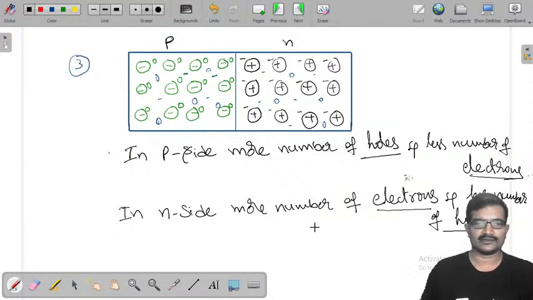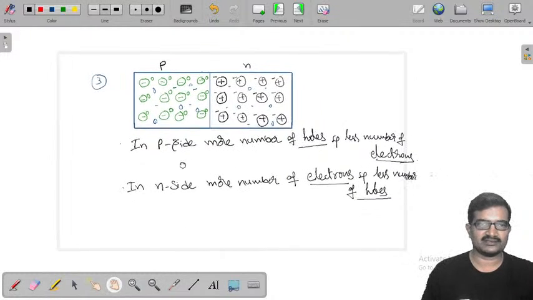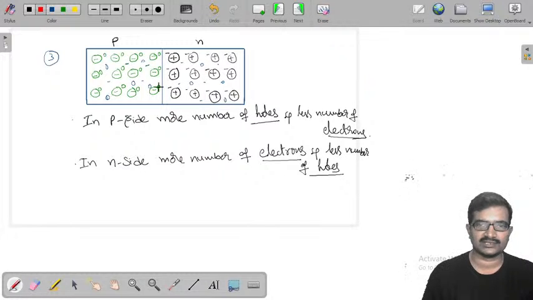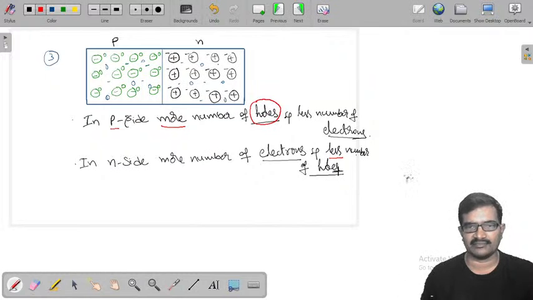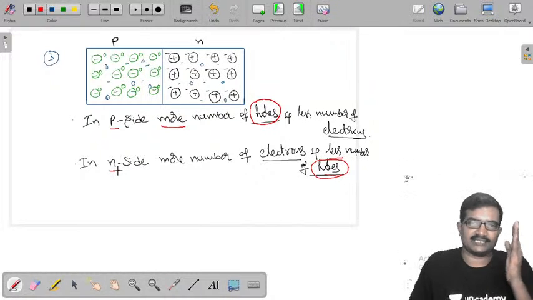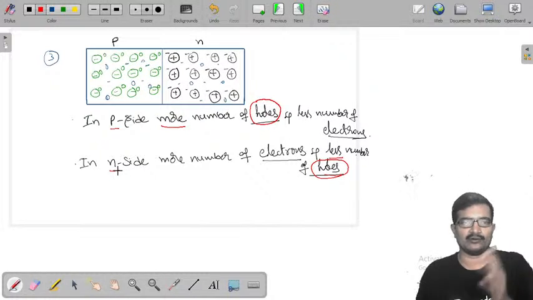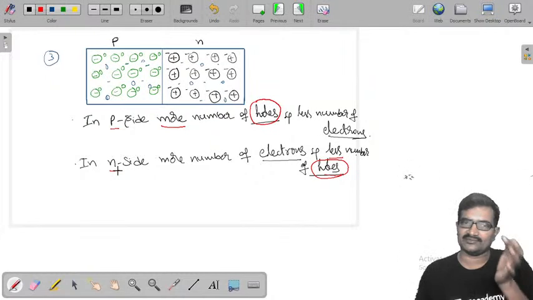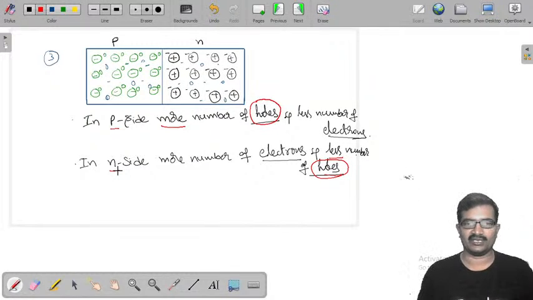Okay, my dear students, just observe clearly here. That means there is a change in concentration with respect to distance. If you compare from the hole point of view, holes are more in number in the p side and less in number in the n side. That means there is a concentration gradient in terms of holes from p region to n region. Similarly, there is a concentration gradient in terms of electrons from n region to p region.